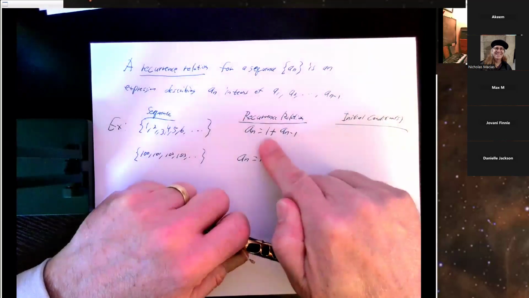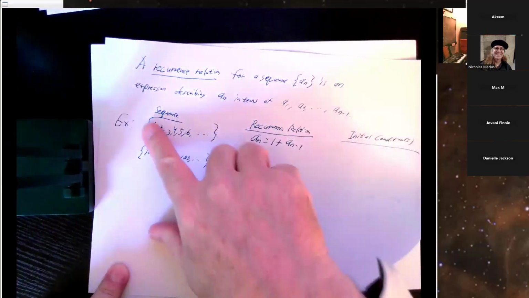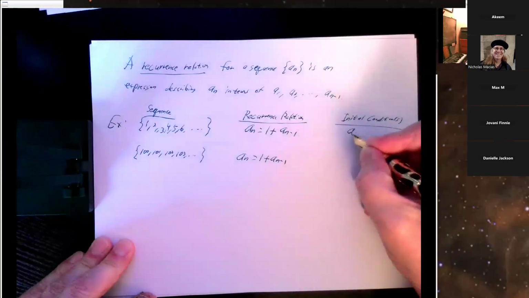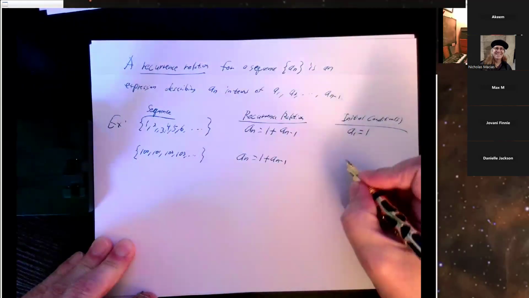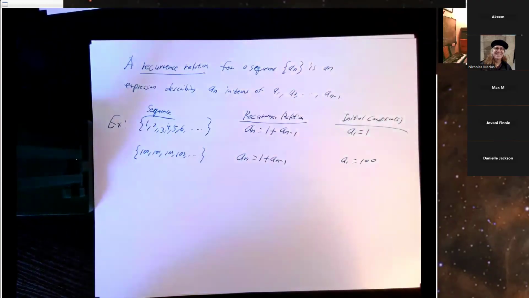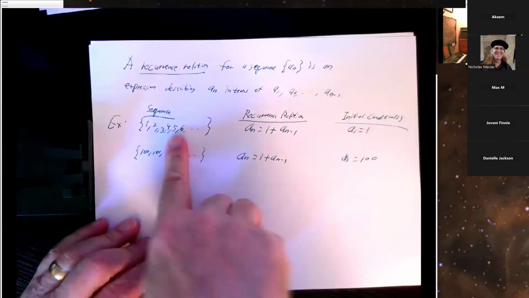And A1 would be 1 plus A0, but there is no A0 because we think of this first term as A1. So we need an initial condition, for example, A1 equals 1 or A1 equals 100. But that combination of an initial condition and a recurrence relation precisely defines that sequence.